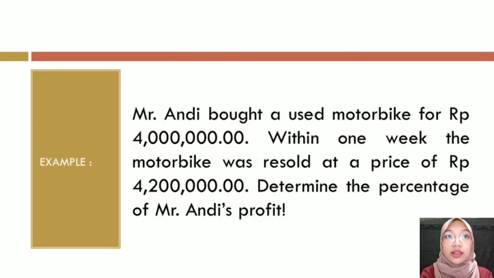For example, Mr. Andi bought a used motorbike for 4 million rupiah. Within 1 week, the motorbike was resold at a price of 4,200,000 rupiah. Determine the percentage of Mr. Andi's profit.